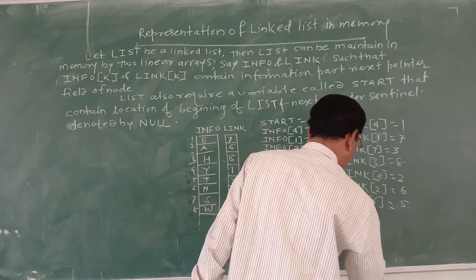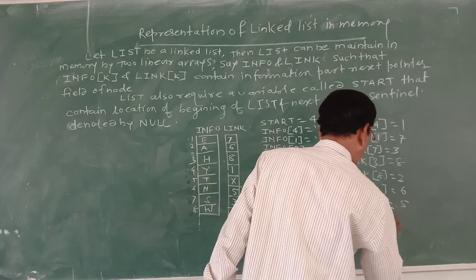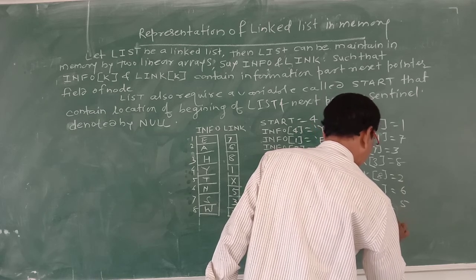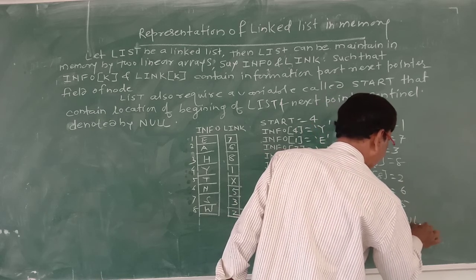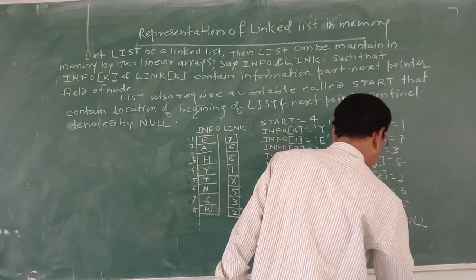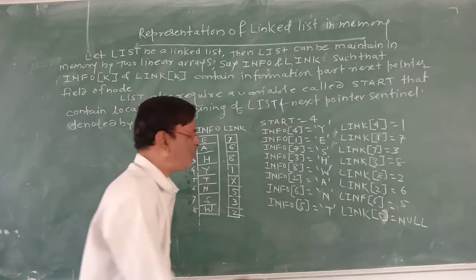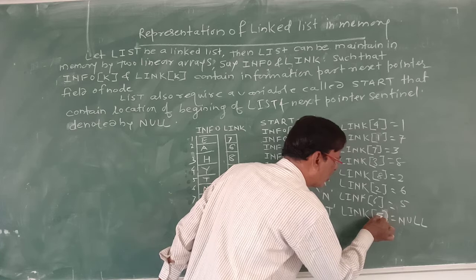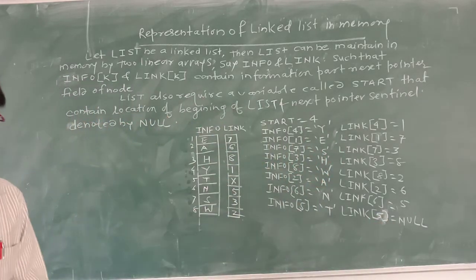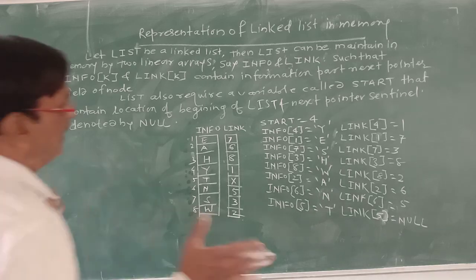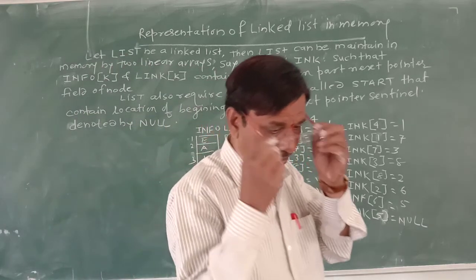Link of 5 is equal to null. So in this way we can prepare the list in computer's memory. So take down this. So this is the linked list and the representation of the linked list.